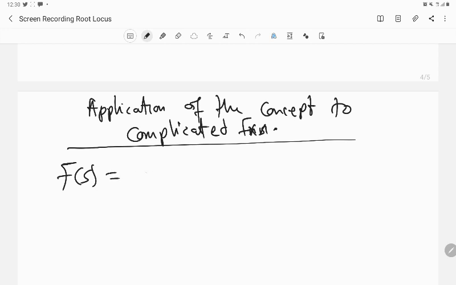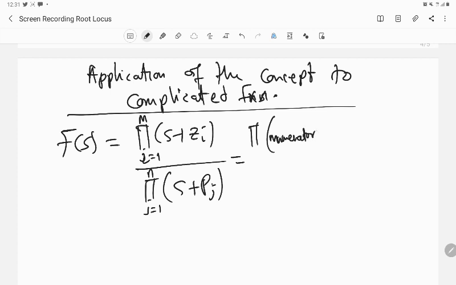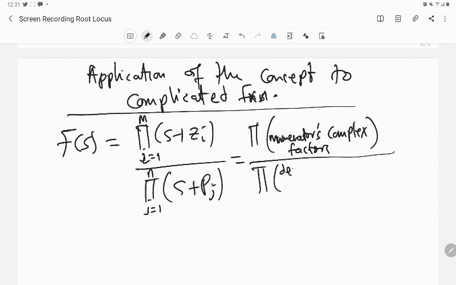Let's take a function f of s equals the product as i moves from 1 to m of s plus zi, where z are the zeros for the system, over the product as j moves from 1 to n of s plus pj. This is the product of the numerator's complex factors, all divided by the product of the denominator's complex factors.